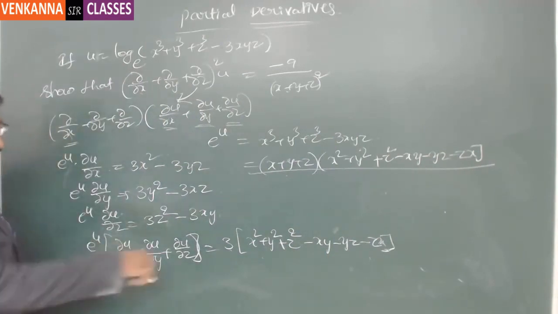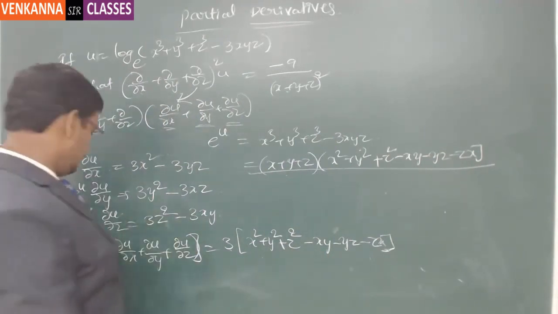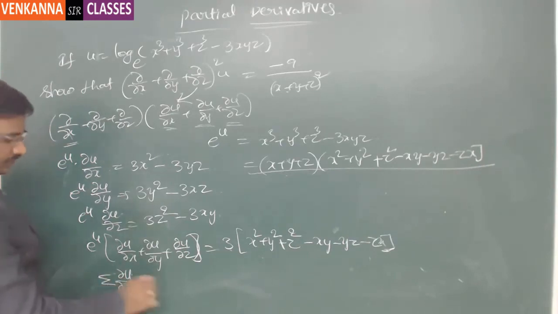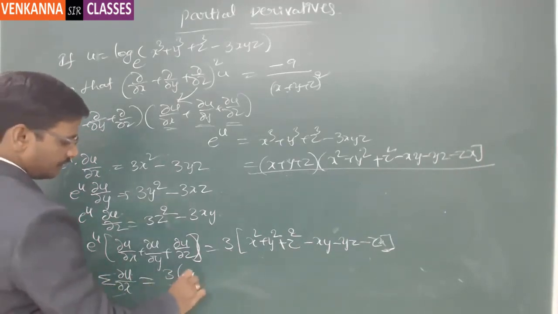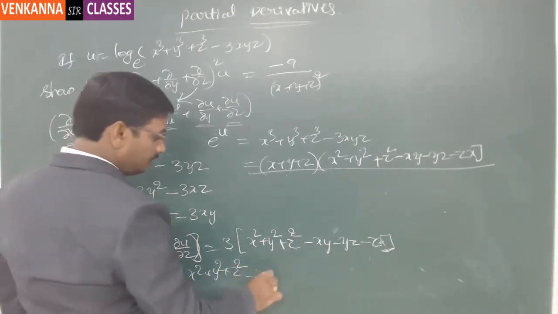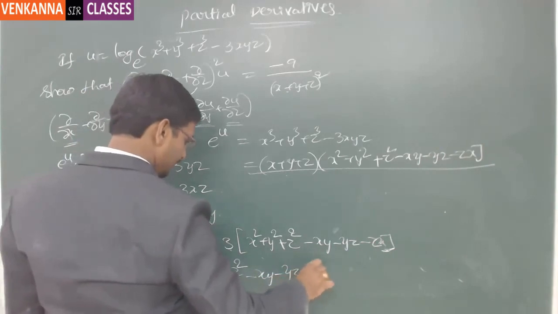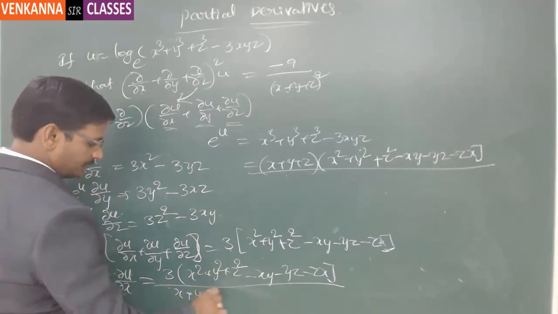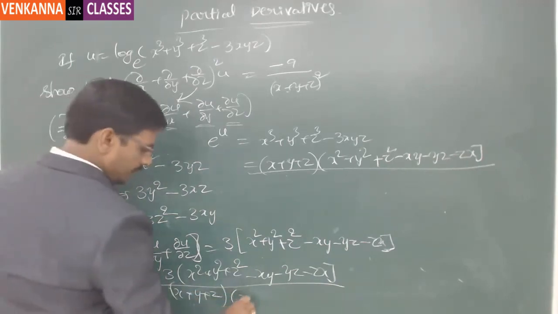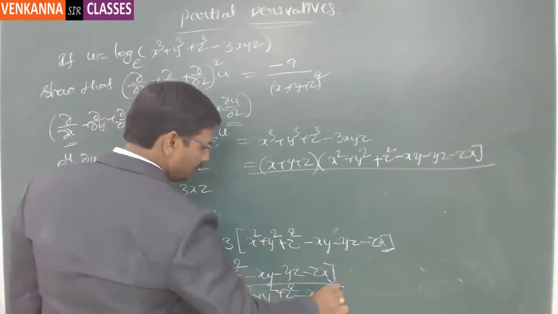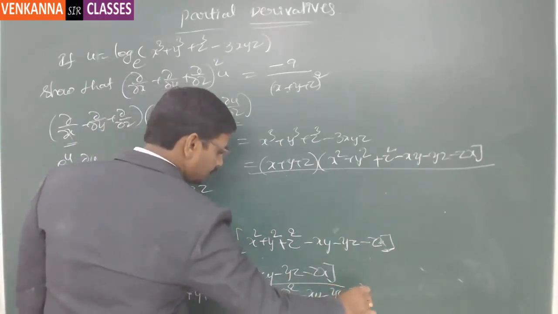So if you take this e^u to the other side, then this will be ∂u/∂x plus ∂u/∂y plus ∂u/∂z, call it sigma, if I keep it rather than writing every time. So this will be 3 times (x² plus y² plus z² minus xy minus yz minus zx) divided by (x plus y plus z) into (x² plus y² plus z² minus xy minus yz minus zx).